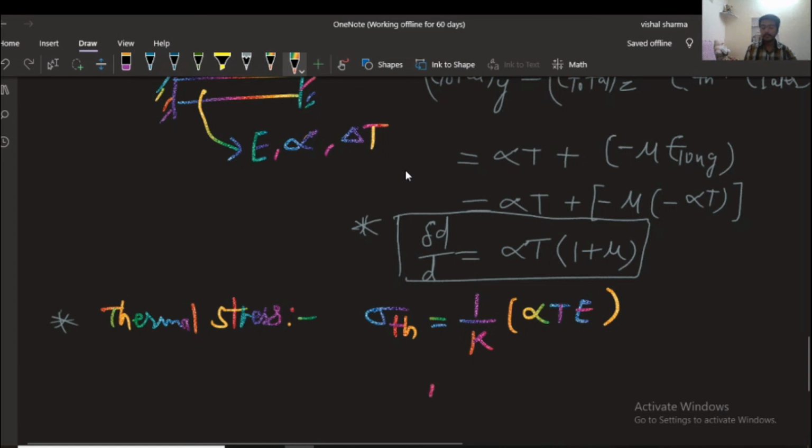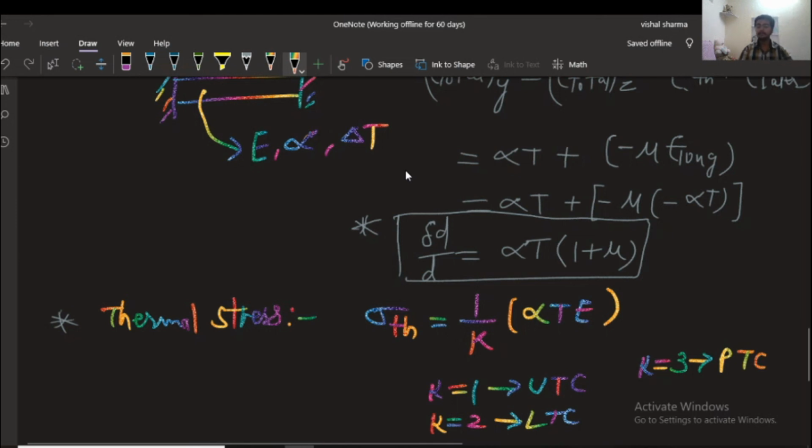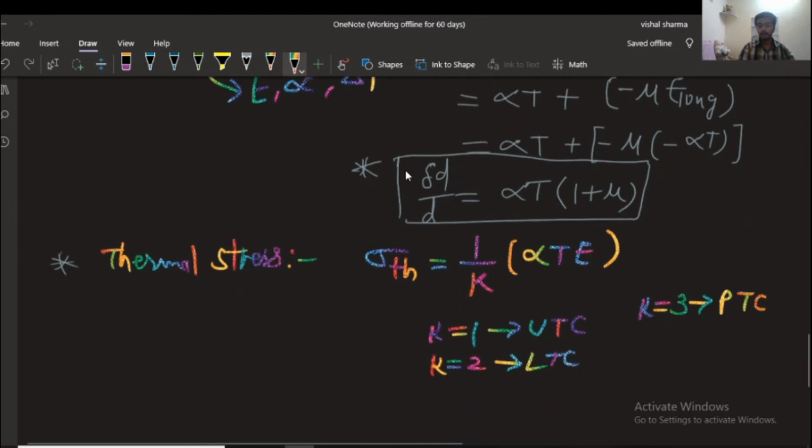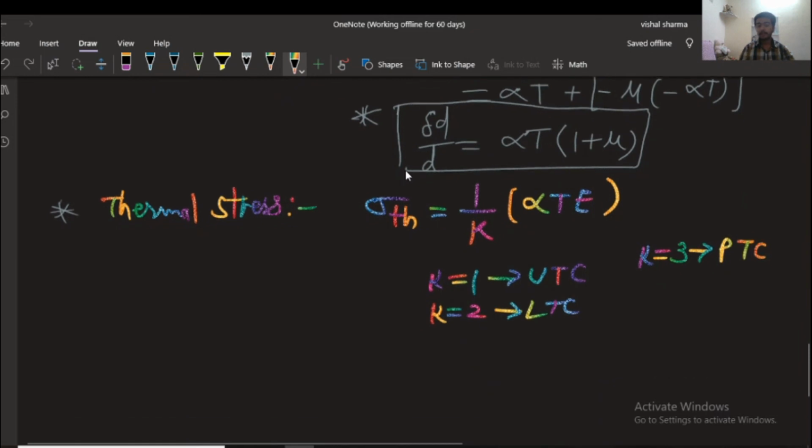So here K is equal to 1 for the uniform temperature change, K is equal to 2 for the linear temperature change, and K is equal to 3 for the parabolic temperature change. So in all three cases we have discussed how to find the thermal stresses. Learn this generalized formula and you will be able to solve all of the cases.